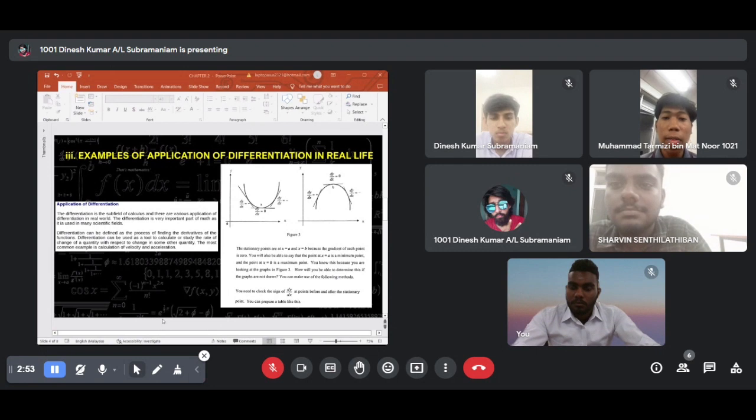Differentiation can be defined as the process of finding the derivative of the function. It can be used as a tool to calculate or study the rate of change of a quantity with respect to change in some other quantity. The most common example is the calculation of velocity and acceleration.